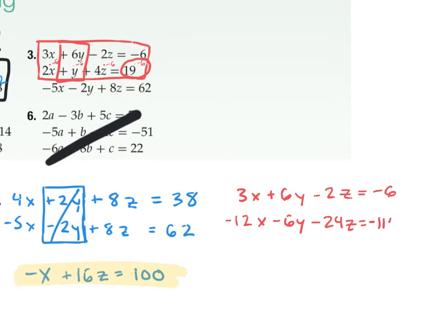Can we combine these to cancel out our y's? Yes. So what's 3x minus 12x? Negative 9x. What happens to our y's? Cancels. What is negative 2z minus 24z?